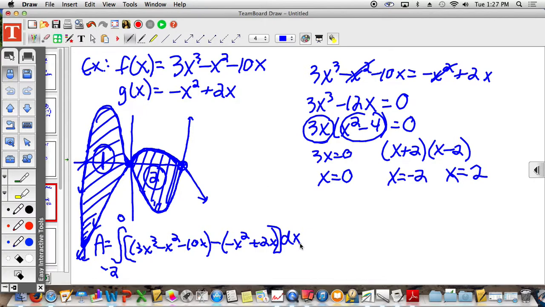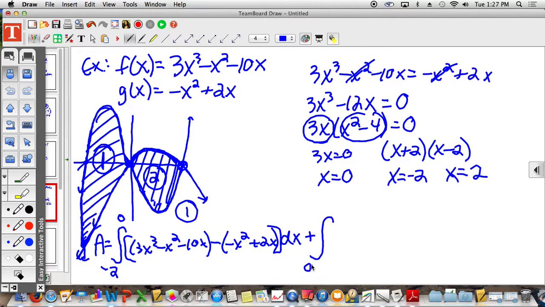What do you think comes next? The next integral. If I calculate this one that I have up here right now, that's only going to get me the area of region 1. This is region 1 right here. What am I going to do to the two of them once I get the area of region 2? Add them together. So I'm just going to put a plus sign here right now. Plus, I have to do another integral, but this integral is not going to be from -2 to 0. It's going to be from 0 to 2.